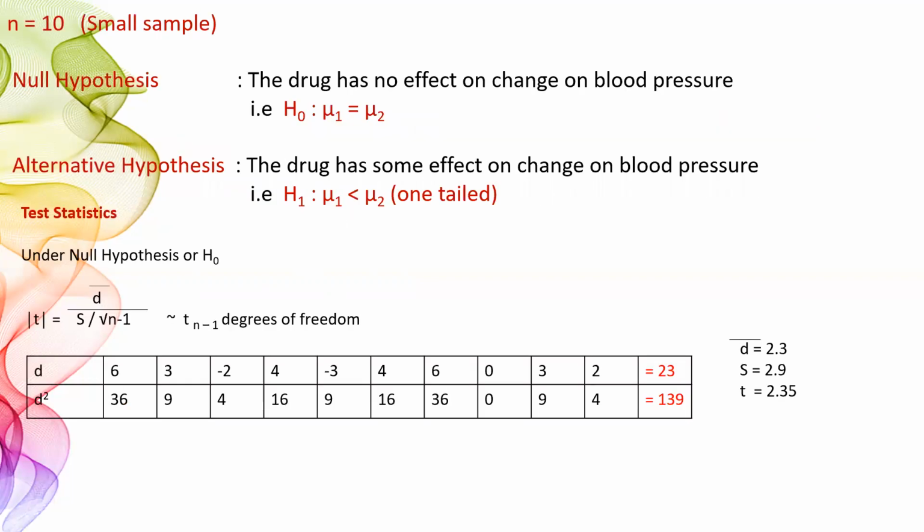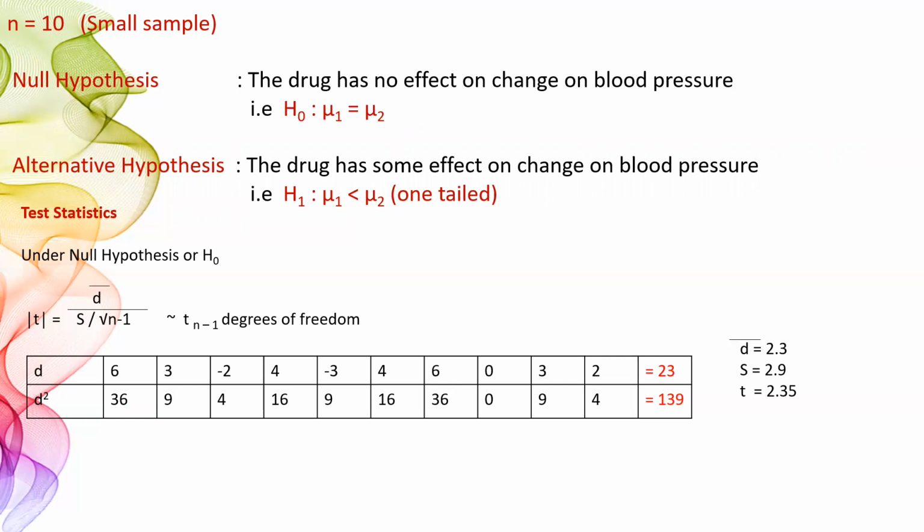So our null hypothesis is that the drug has no effect on change in blood pressure, that is, H0 says mu1 is equal to mu2. The alternative hypothesis is that the drug has some effect on change in blood pressure, that is, H1 says mu1 is less than mu2.